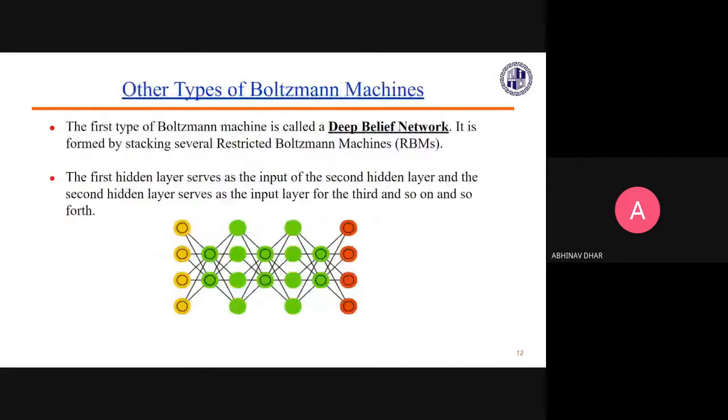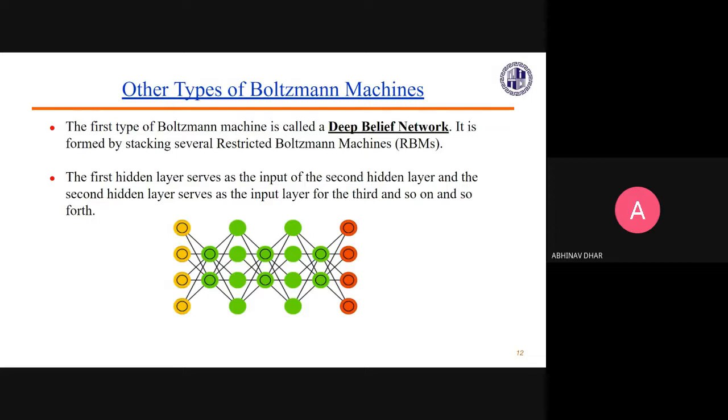Now we'll talk about some special types of restricted Boltzmann machines. The first one is called the deep belief network. It is created by stacking several restricted Boltzmann machines one on top of the other. We can visualize this as the hidden layer of the first restricted Boltzmann machine being the input layer of the second, and these layers one on top of the other collectively represent a deep belief network.